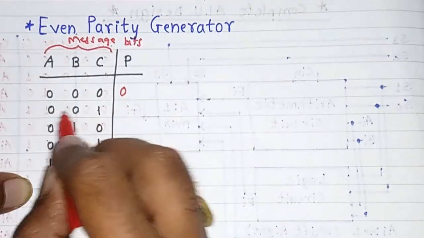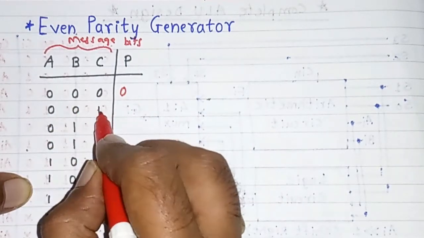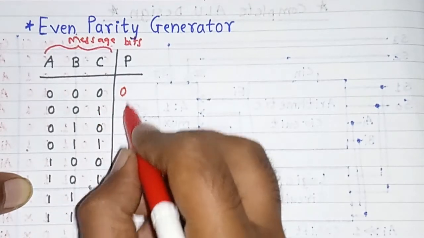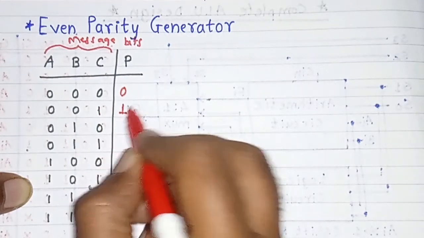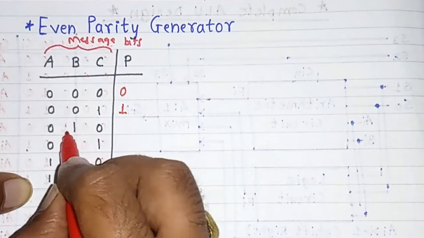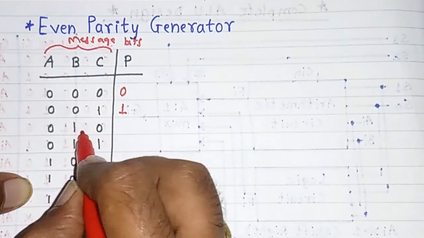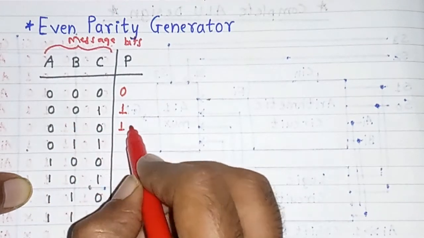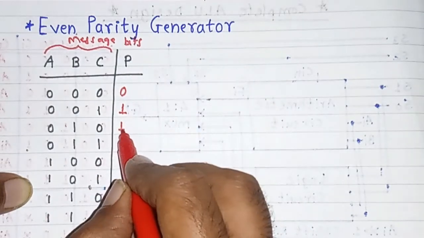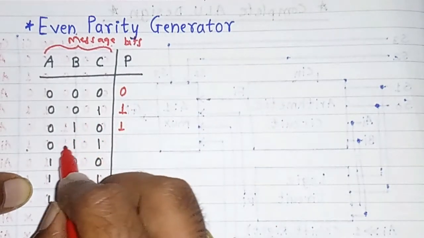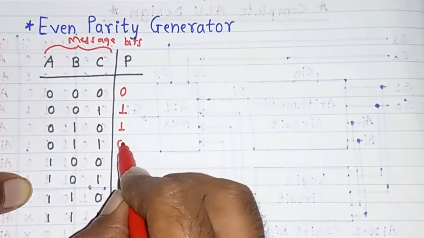For the combination 0 0 1, there is an odd number of ones, so to make it even parity, the parity bit has to be 1. Here 0 1 0, there is an odd number of ones, that means the parity bit has to be 1 to make it even. With two ones, there is no need to add 1 here.